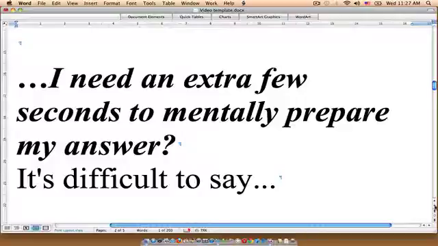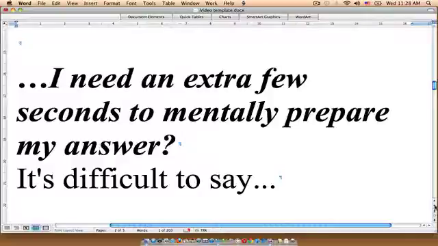Now, a bad pause is when a student stops and has to think for an extended period of time. And this kind of pause makes it obvious to the examiner that they are having difficulty thinking of what it is that they're going to say. So we don't want to have bad pauses in our speaking response.